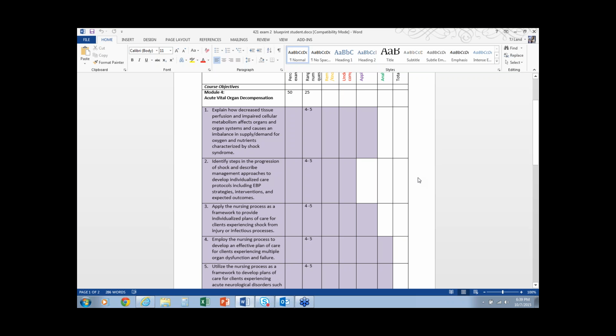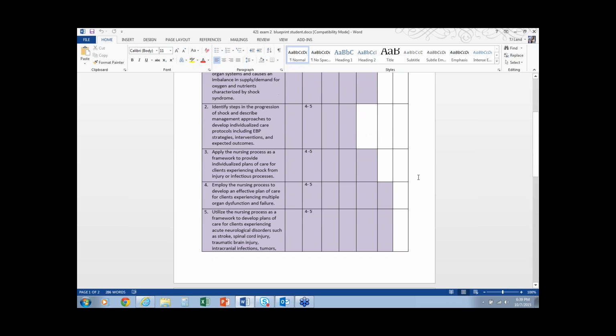So now the second objective is that you be able to identify the different steps in the progression of shock and describe the management that you're going to do for an individualized care based on evidence-based practice strategies, interventions, and the outcomes that you would like to have.